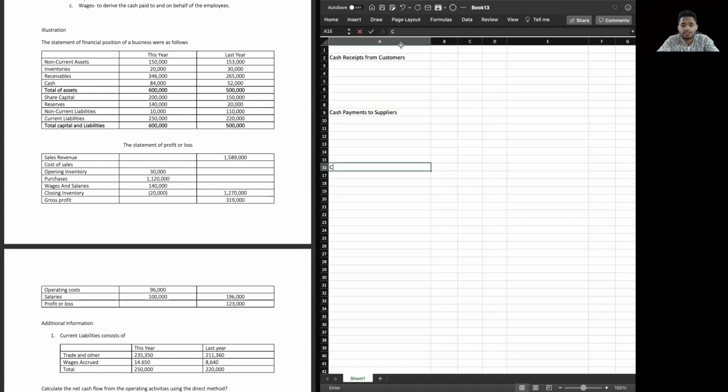Then you will get the cash flow from operating activities. Then you have your income tax paid, you have your interest paid, and you will have your net cash flow from operating activities.